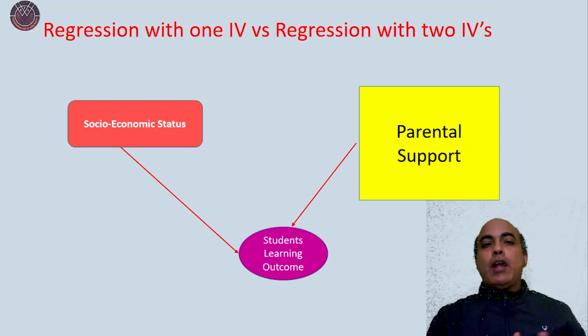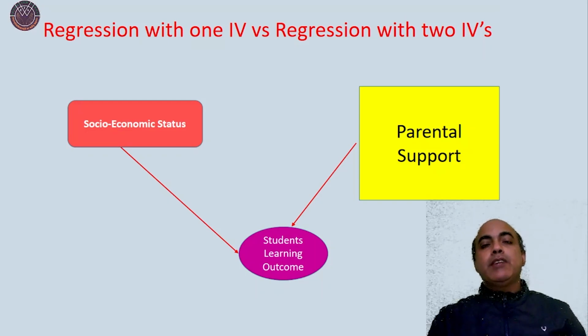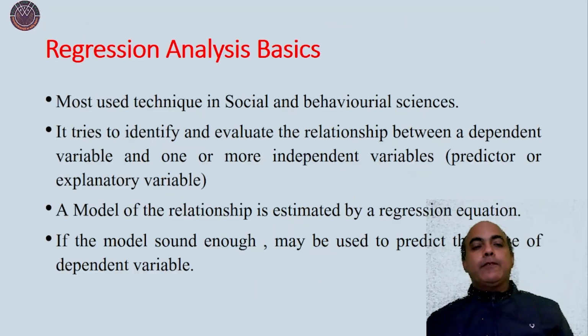So now I think you have understood the basic difference between linear regression using one independent variable and linear regression using multiple independent variables.